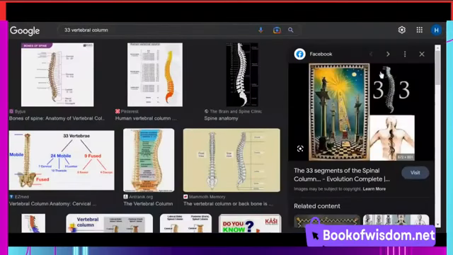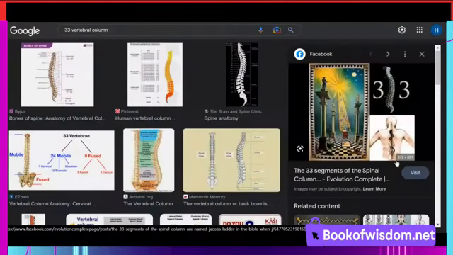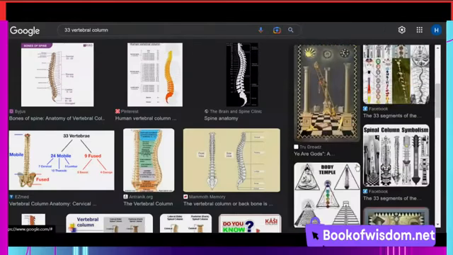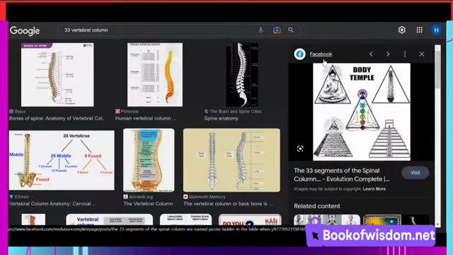Okay, so like I was saying with the 33 vertebrae and the Kundalini energy coming up the spine, you can see this sort of symbolism going up to the light, because it's the light. You see here, your crown chakra turns on and becomes enlightened, just like the Illuminati symbol.